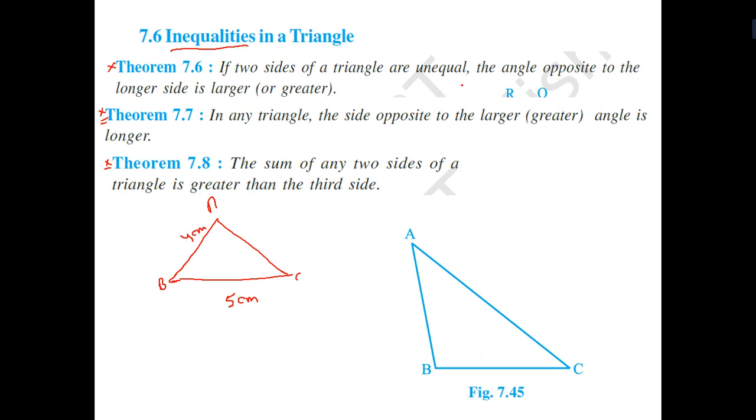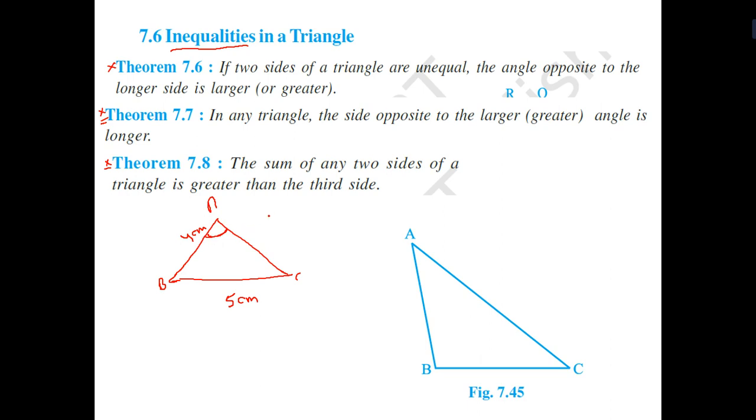If two sides of a triangle are unequal, then the angle opposite to the longer side, so here 5 is the longer side, is larger or greater. So that is greater.